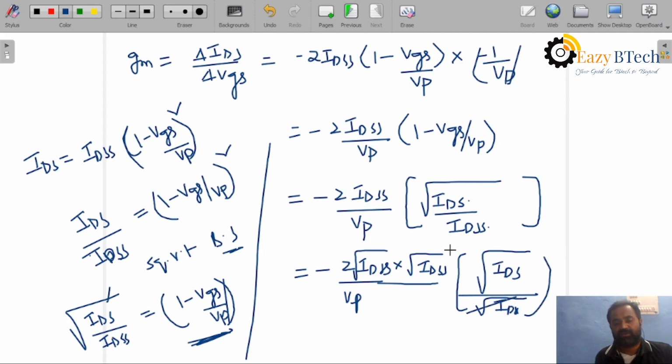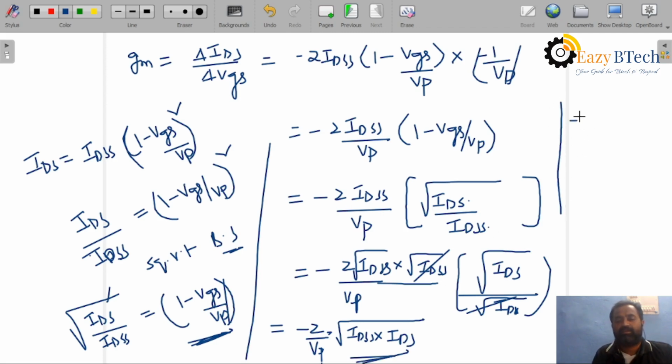This under root will get cancelled. You will get minus 2 by VP under root IDSS into IDS. So the formula for this is minus 2 by VP under root IDS into IDSS.